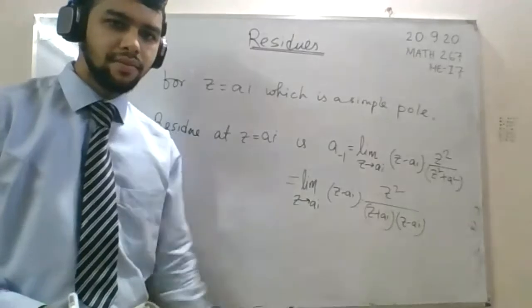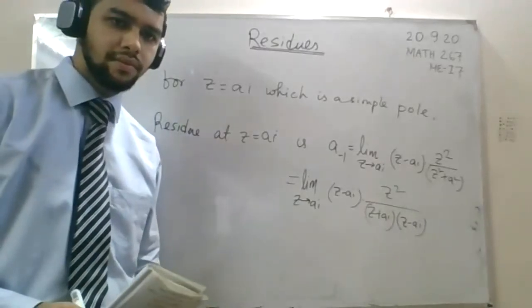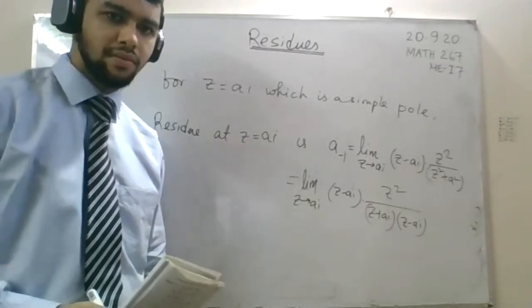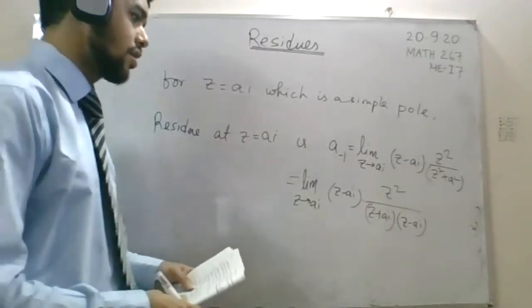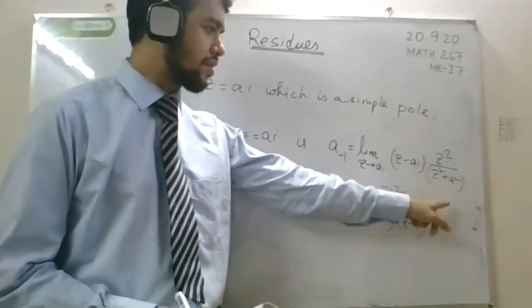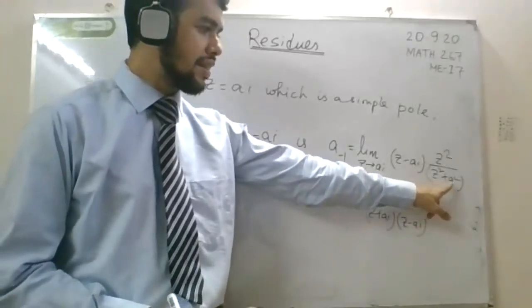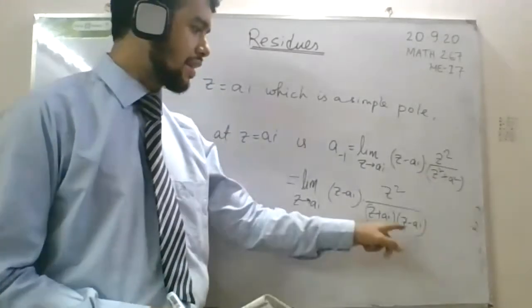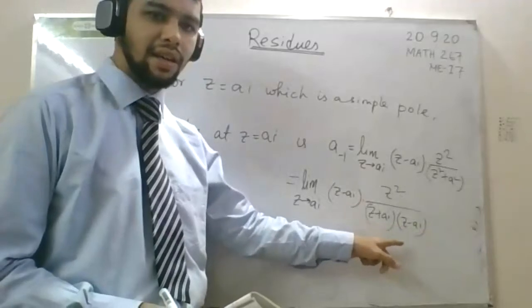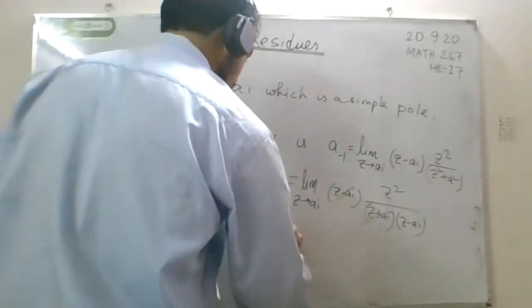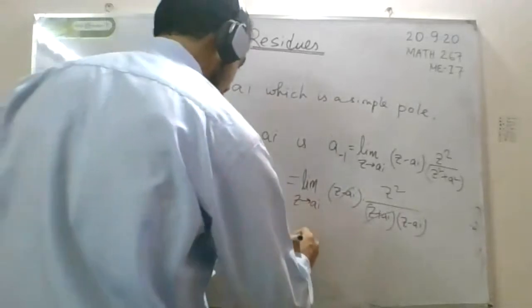Anyone? Sir, z square plus a square can be written as z square minus a square i square. Yes. Usually a square plus b square, if I convert it using the a square minus b square formula, it becomes z square minus (ai) whole square. Then you can say (z plus ai) and (z minus ai). Now these two are cancelled.